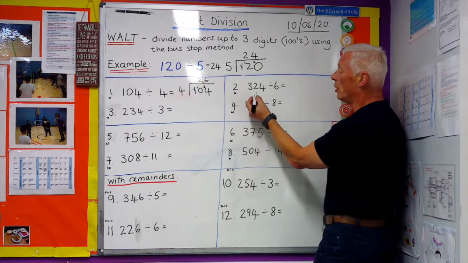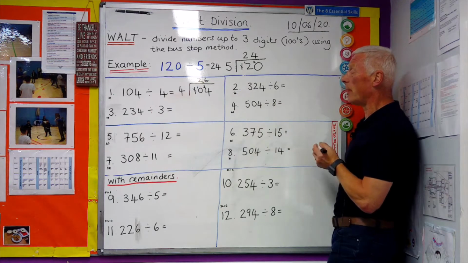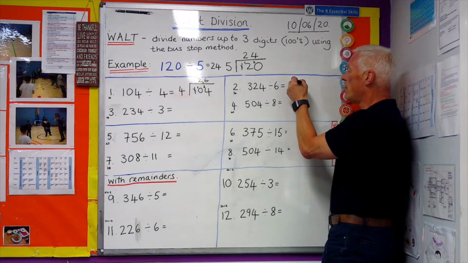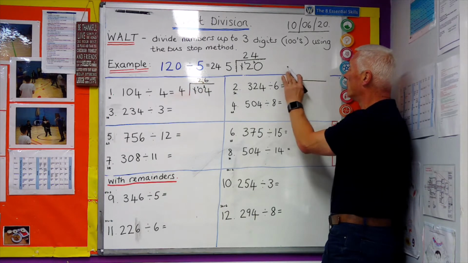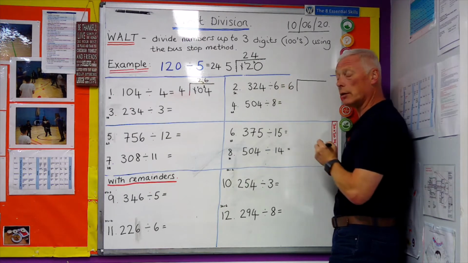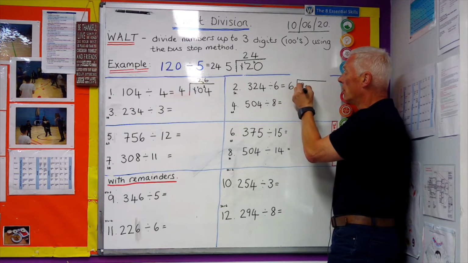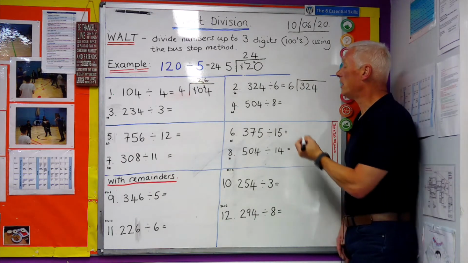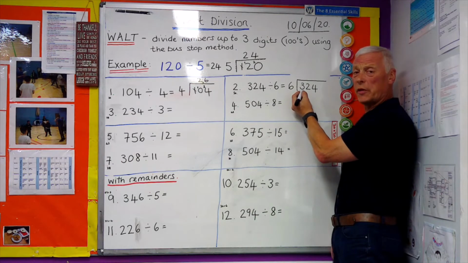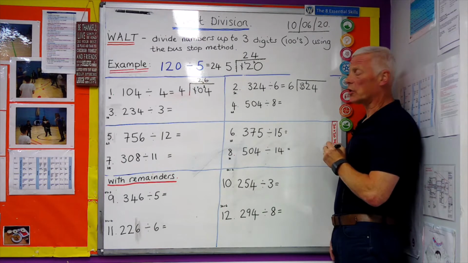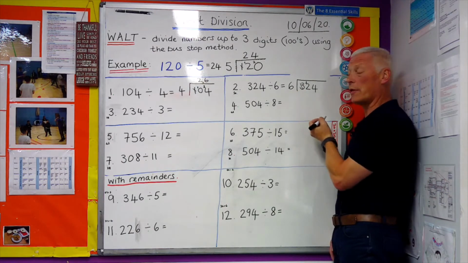Okay, we'll do number 2. 324 divided by 6. We're now getting some bigger numbers. You use the same method all the time. Okay, put your bus stop in. The divisor, which is the 6, and the big number inside your bus stop, and again what you're working out is how many 6s go into 3. Nope, that's not going to work, so cancel the 3, put it next to the 2. That turns that number into 32.